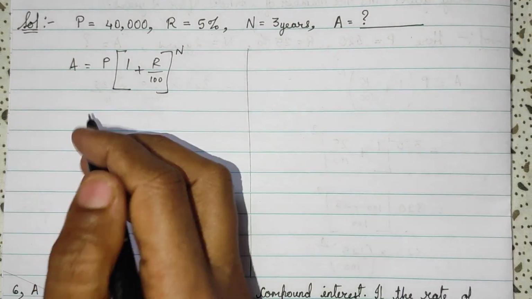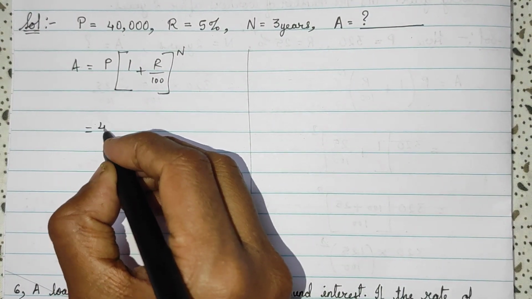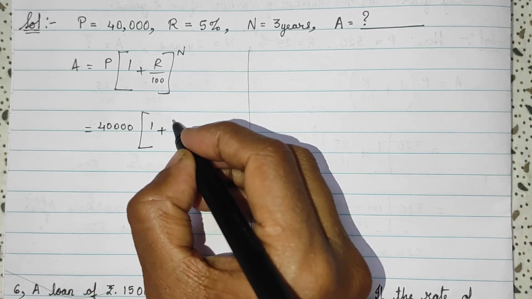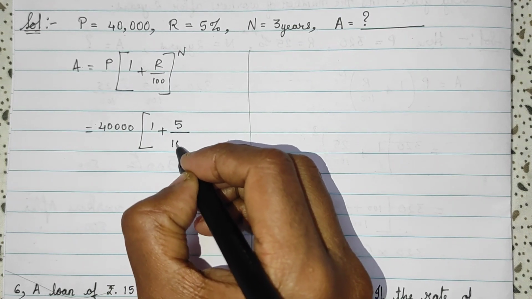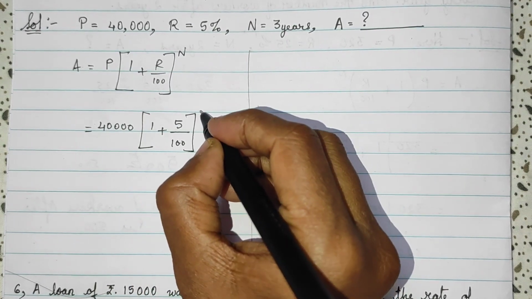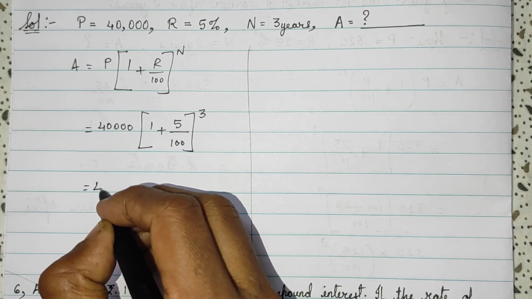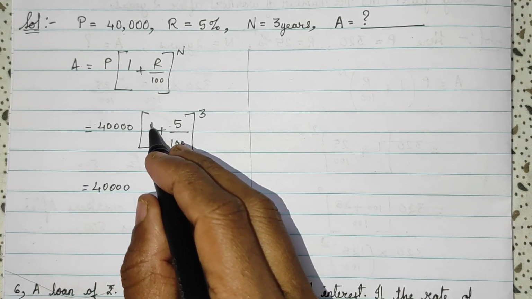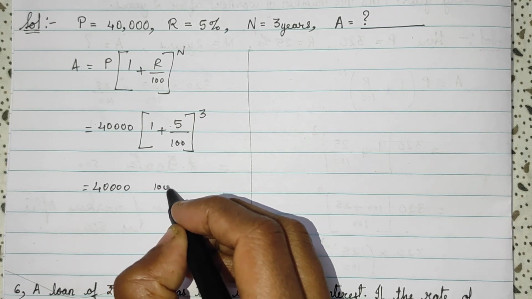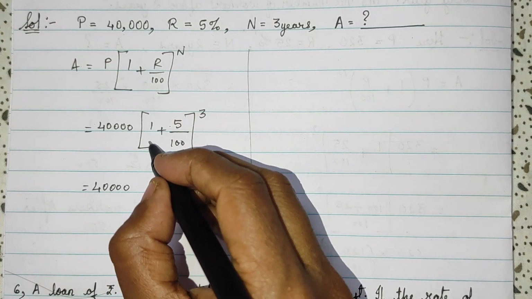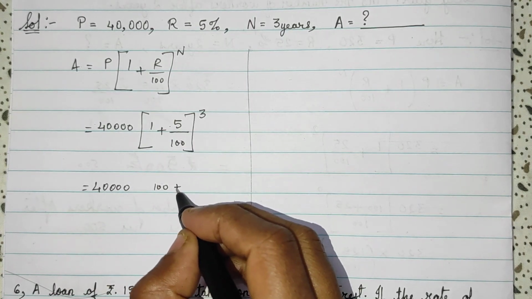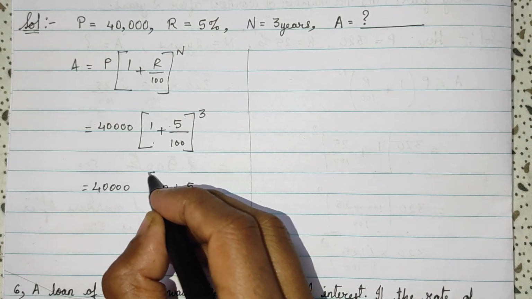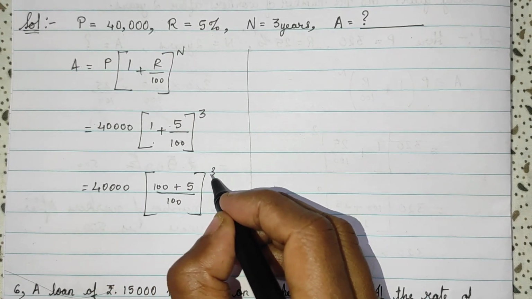So that means we have 40,000 into (1 + 5/100) raised to 3. Now cross multiplication, 1 into 100, 100, 1 into 5, 5, and 1 into 100 is 100 raised to 3.